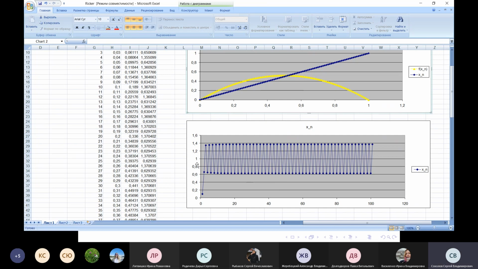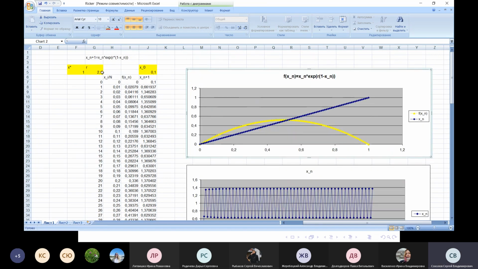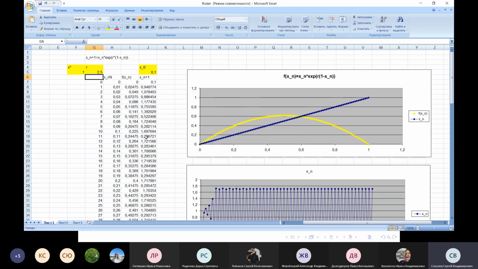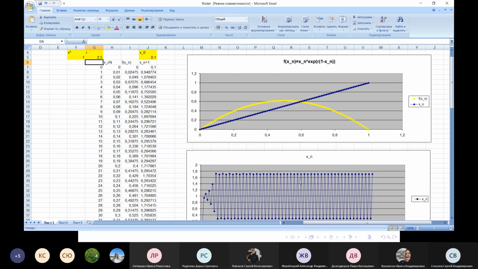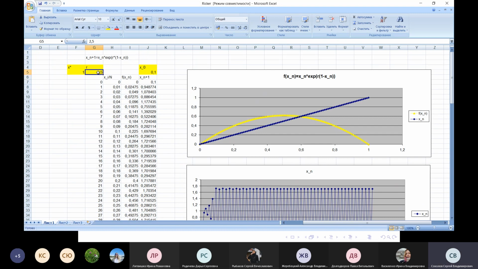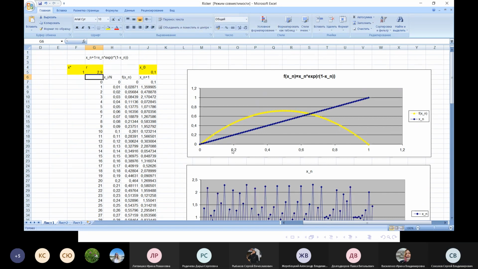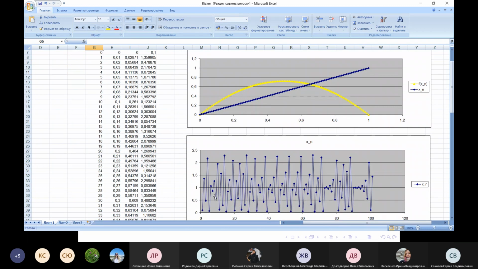Still, there are some oscillations when R is greater than 2, and when we increase R furthermore, we'll see that oscillations become unstable. Something like this.